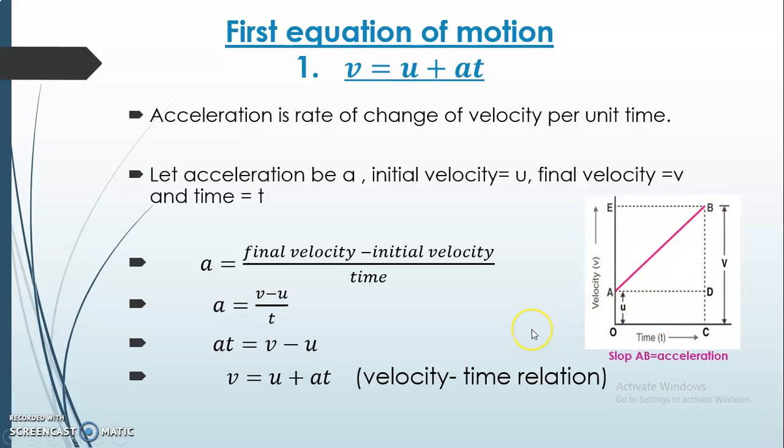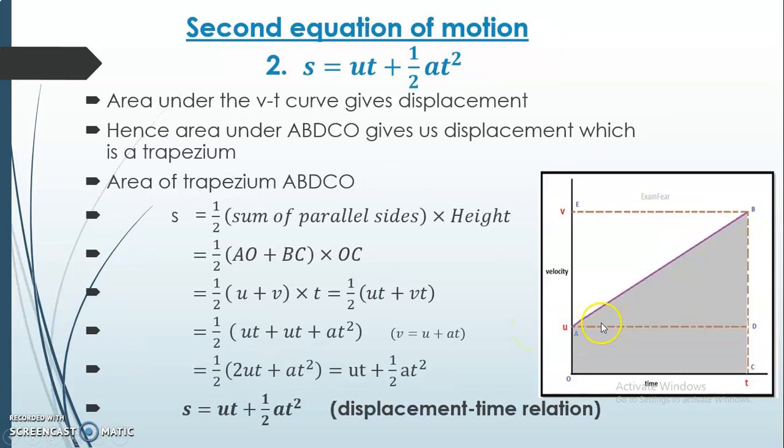Okay, so in the last class we have already seen that the area under the curve gives us displacement only. Area under the VT graph, so this is velocity and time. So if you see the area under the velocity time graph, it will give us displacement.